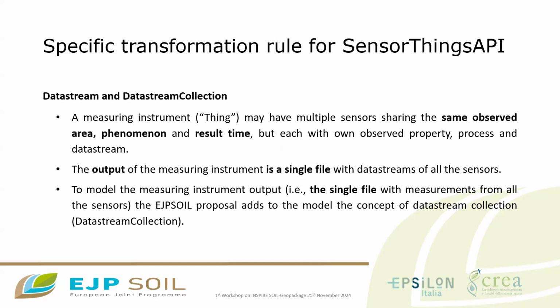That said, the output of the measuring instrument is a single file listing the data streams of all the sensors. So to be able to model the measuring instrument output, that is the single file with measurements from all the sensors, the EJP SOIL proposal adds to the model the concept of data stream collection. So we have both the data stream coming from the Sensor Things API and the data stream collection that has been added to model the single file that is the output from the measuring instrument.